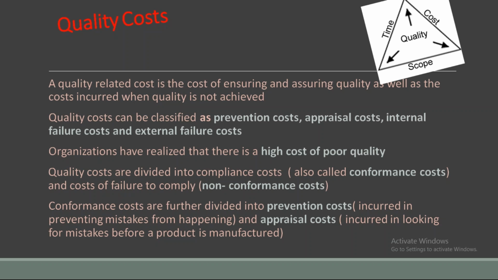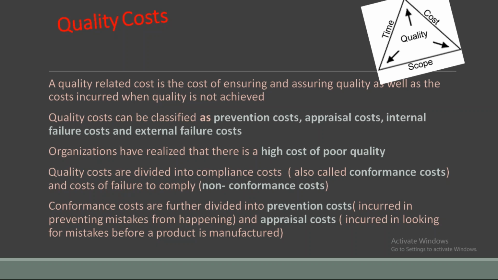Generally, organizations spend a lot of money on high cost because we have poor quality. Remember, a long time back, Toyota introduced a particular vehicle. It failed in the market, and they had to pull all the vehicles out of the market. They had to recall the vehicles and give a new replacement, and that was a very, very high cost for the company.